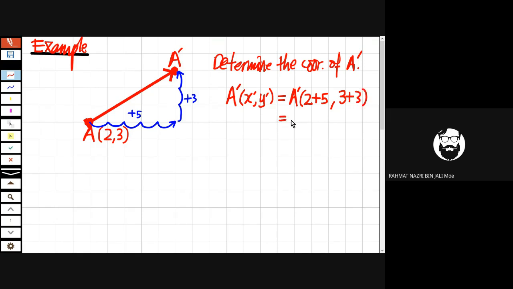Di akhir sekali kita akan dapat coordinate image of A is 7, 6.